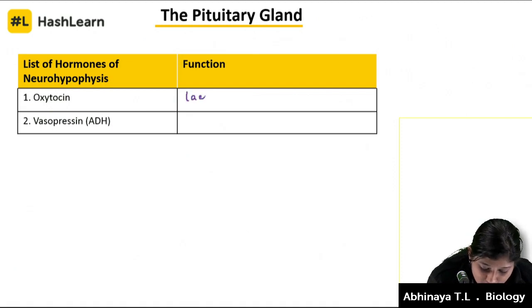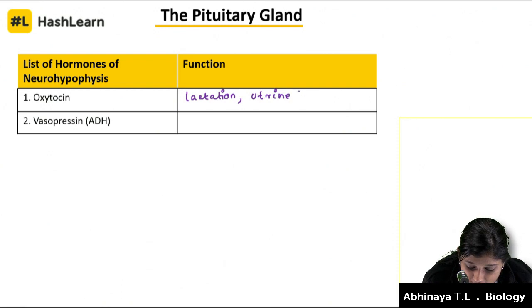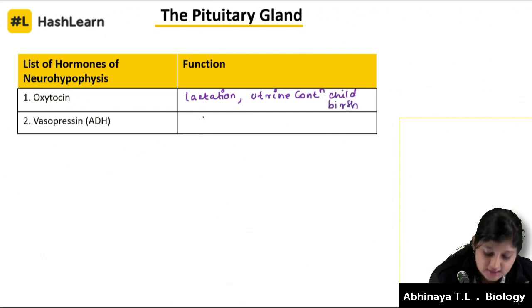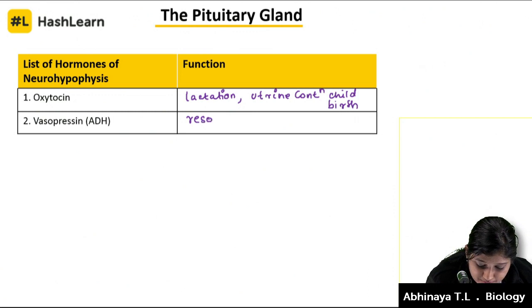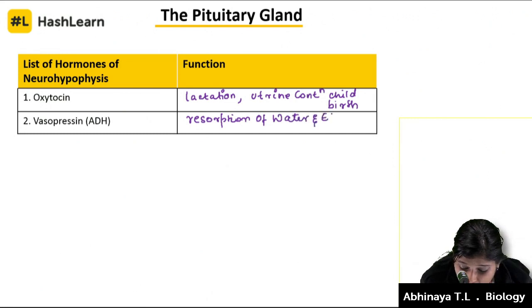Lactation period, that's nothing but production of milk. Then uterine contraction during childbirth. And vasopressin is resorption of water and electrolytes, so that there is no excessive loss of water.